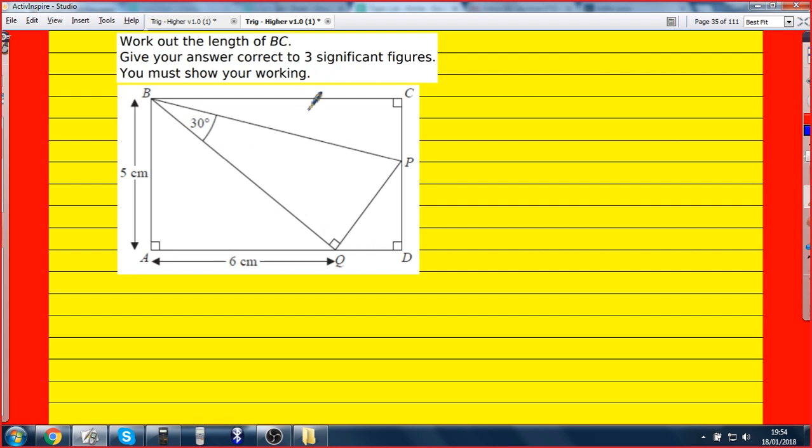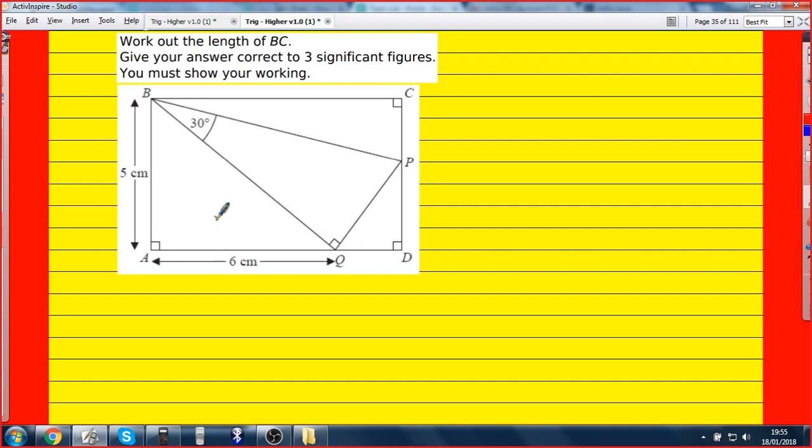The way I was thinking is you just slowly but surely work towards here. So instead of trying to find this line and adding it to 6, you could find a side and an angle in this triangle and just work out BC.